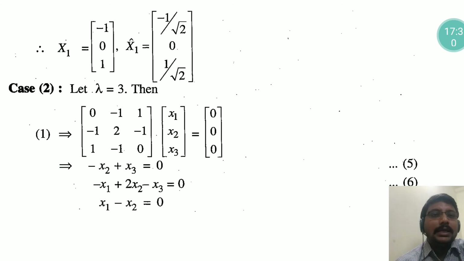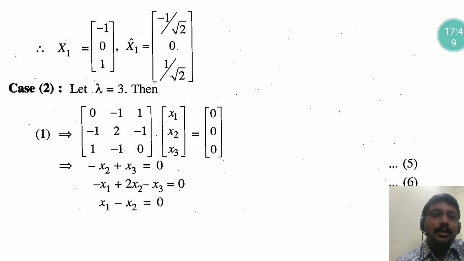So root 2 is a real number which is divided into each element of the matrix x1. Thus we will have the normalized eigenvector x1 cap, that is a matrix of minus 1 by root 2, 0 by root 2 which is 0, 1 by root 2.